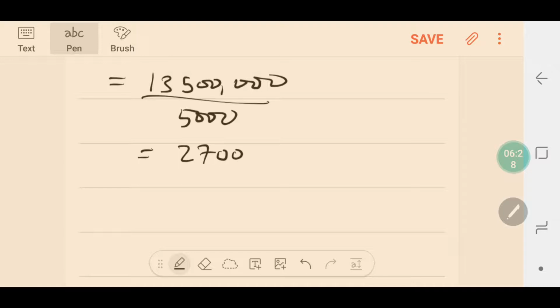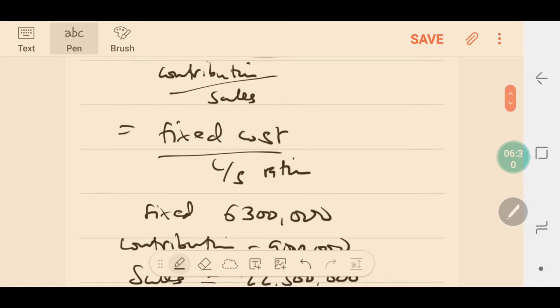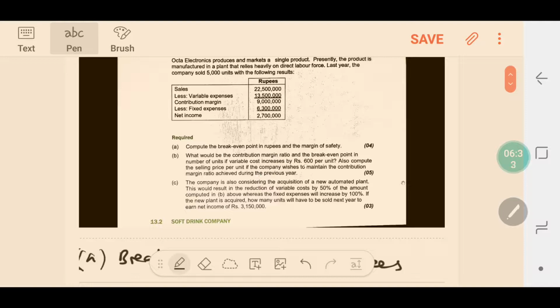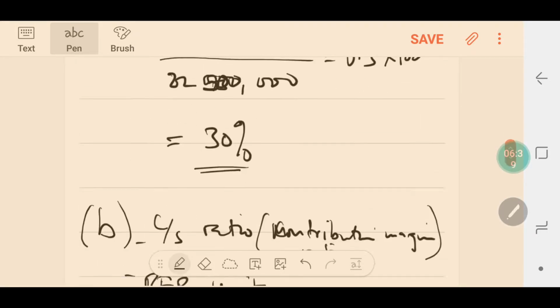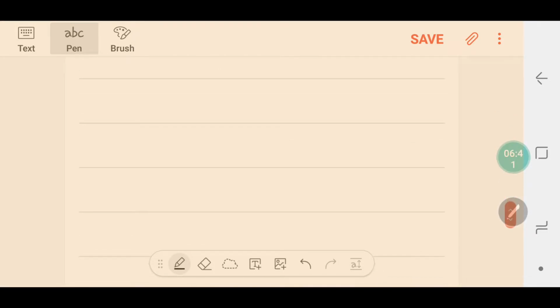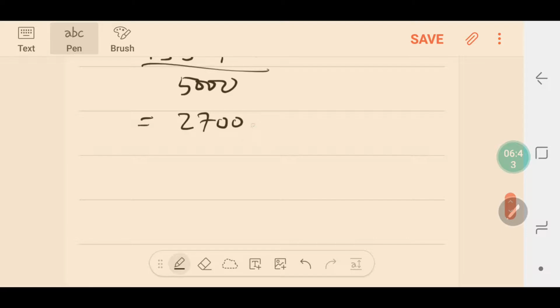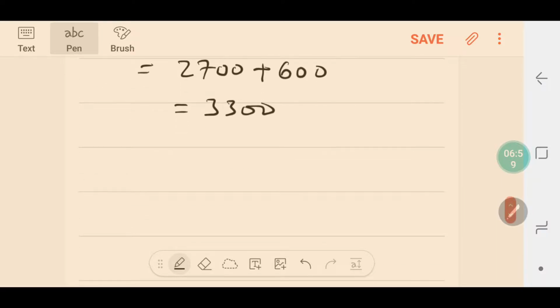This was the previous variable cost per unit, but the question says that variable cost per unit changed by an increase of 600. So the new variable cost per unit will be 2,700 plus 600, which will give us 3,300.